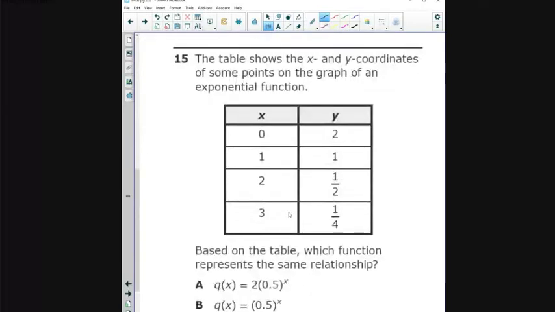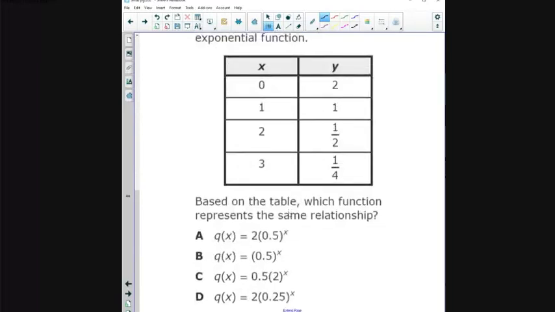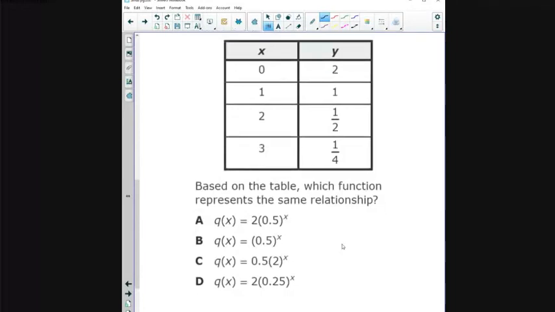Number 15, the table shows the x and y coordinates of some points on the graph of an exponential function. Based on the table, which function represents the same relationship? Okay, so we're definitely going to use y equals AB to the x power. We want to find out what A is, what B is.